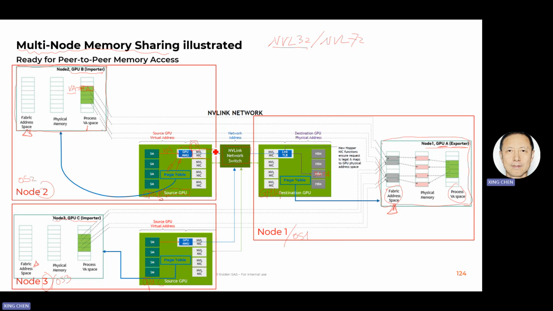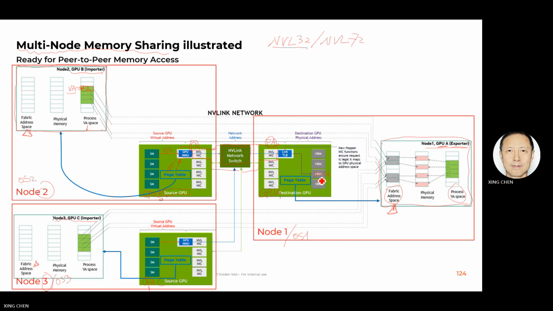With this fabric address, the NVLink network has the possibility to route this request to the destination GPU. Now, the request has been sent to this destination, with this fabric address. It has been sent to the destination GPU.